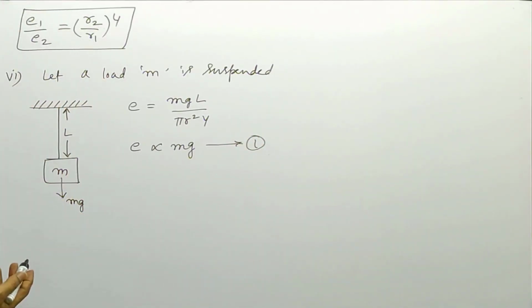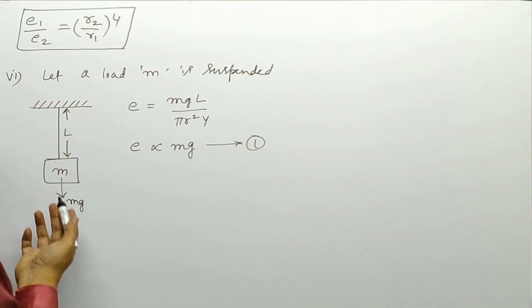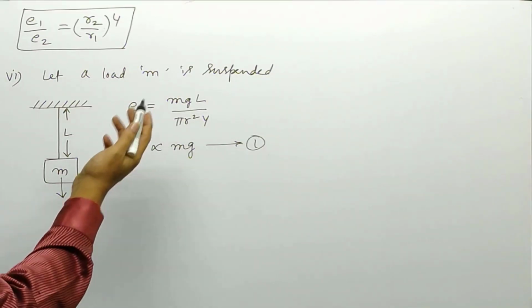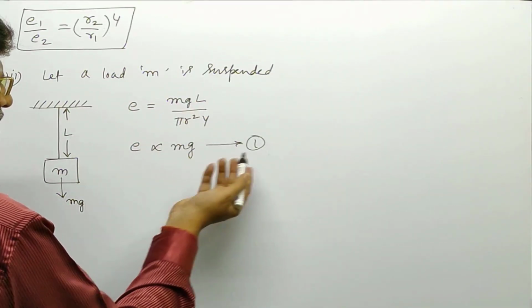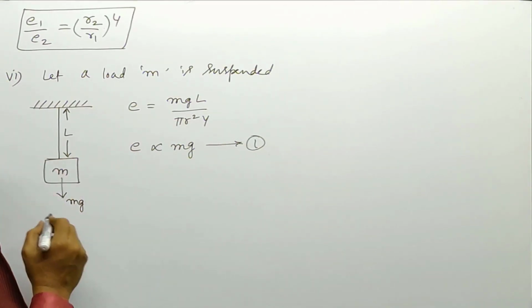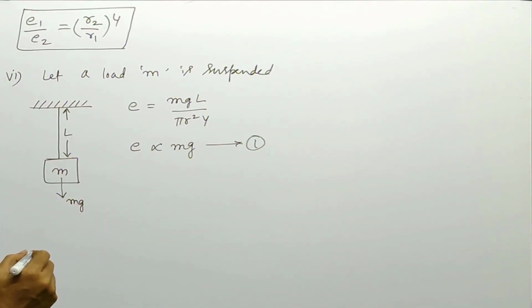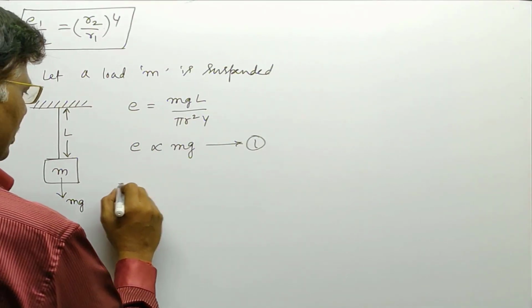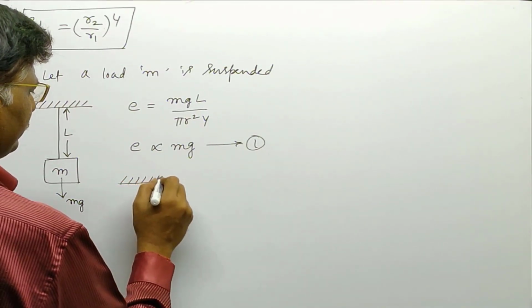When A is almost constant, area of cross section, for a small extension of the wire, L and Y are the same, so E is directly proportional to mg. Now the same case, if this load is immersed fully, you can draw the same diagram here.